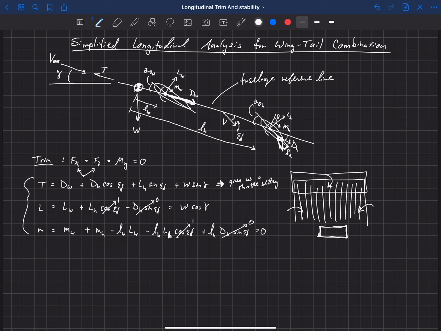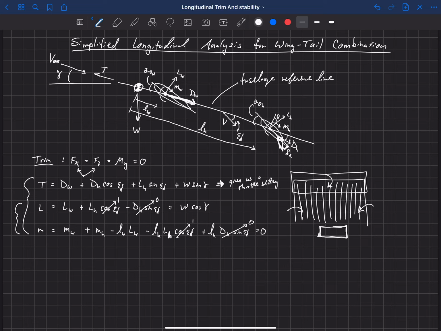And so we're not going to look at that equation anymore. We're going to be focused on these second two equations to make sure that both lift and pitching moment equations are satisfied. And we're going to drop the thrust equation simply because it doesn't tell us much. We'd have to know things about the propulsion system in order to set the throttle to trim this out.